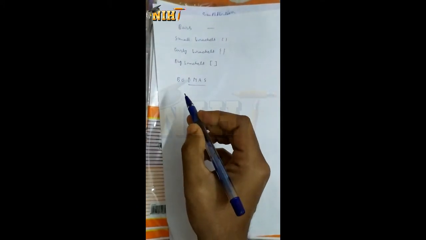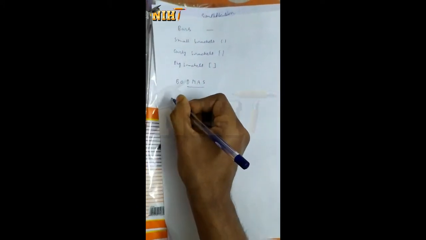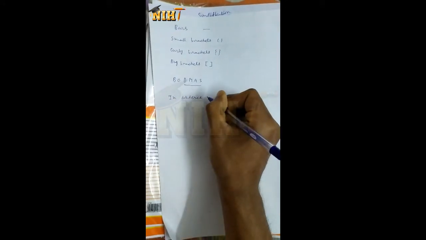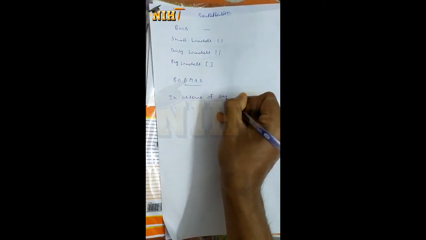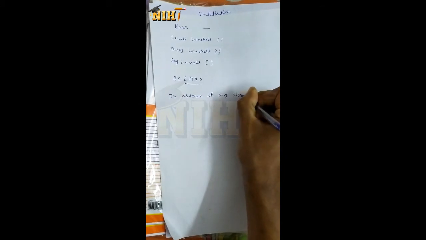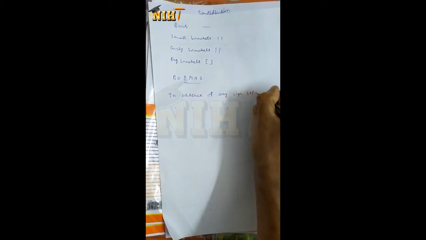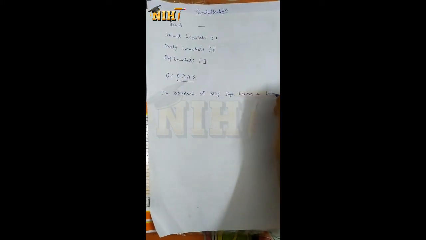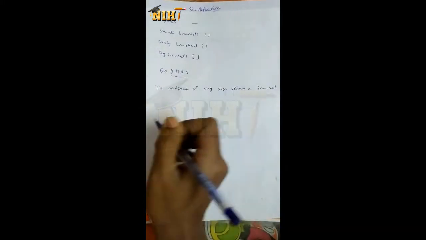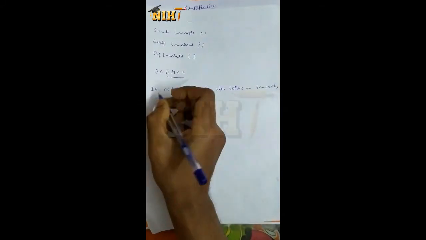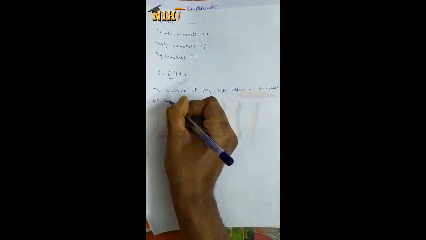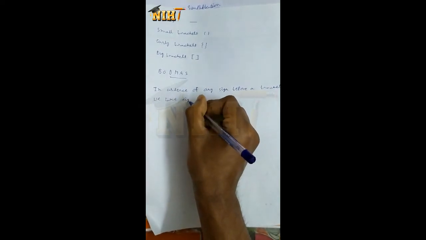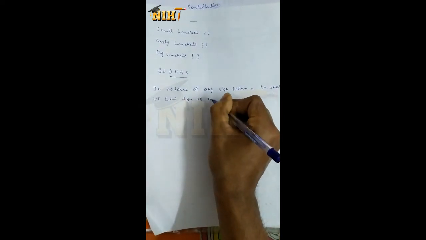One thing we have to know especially is that in the absence of any sign before a bracket, we take the sign as multiplication.